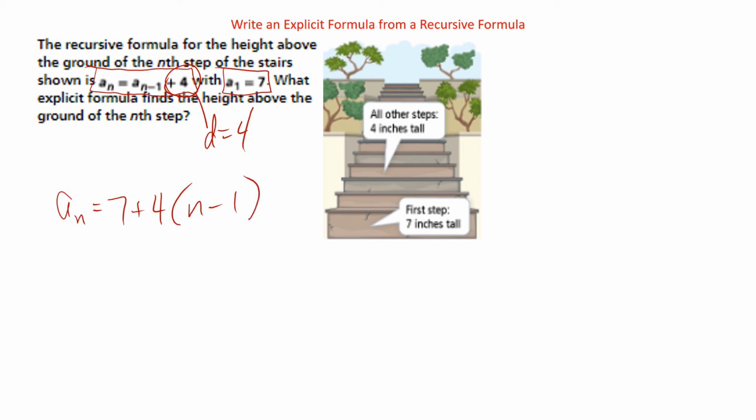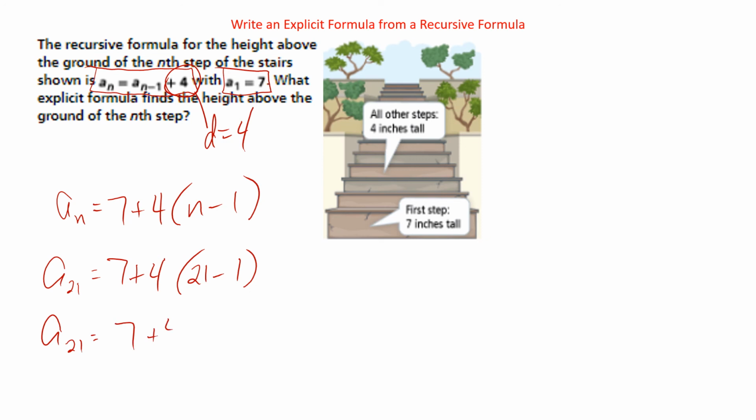That's all it is. And so now if we wanted to figure out how tall it was for the 1, 2, 3, 4, 5, 6, a whole bunch, it looks like there might be 21 steps in there. So what would a21 be? We wouldn't have to go through and find every single one of them. We can go 7 plus 4 times 21 minus 1. 21 minus 1 is 20.